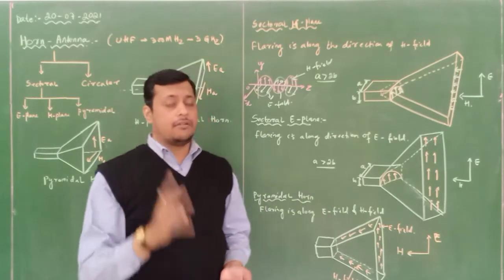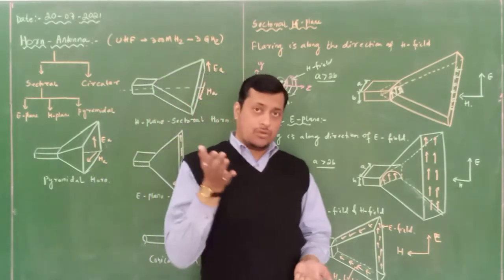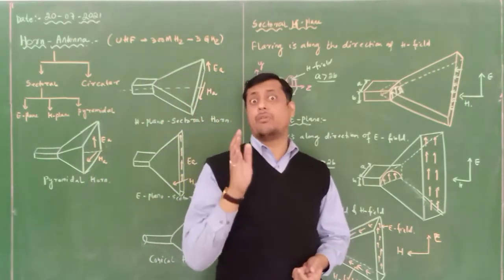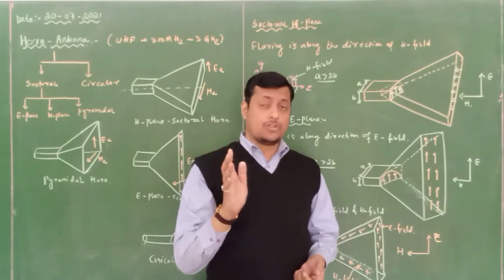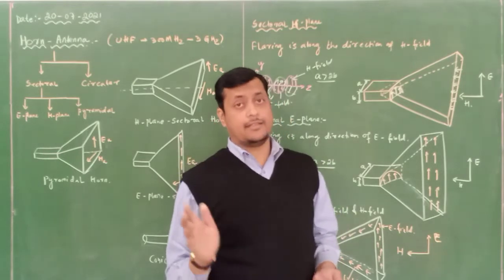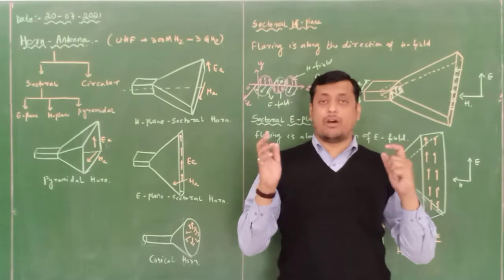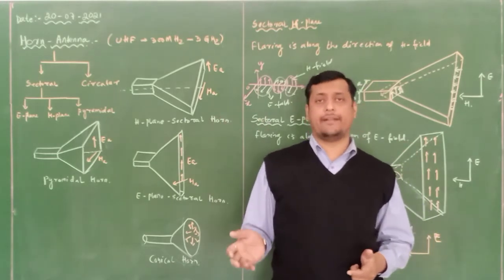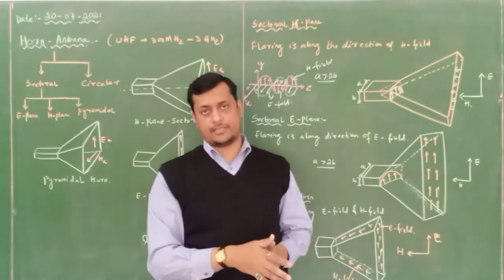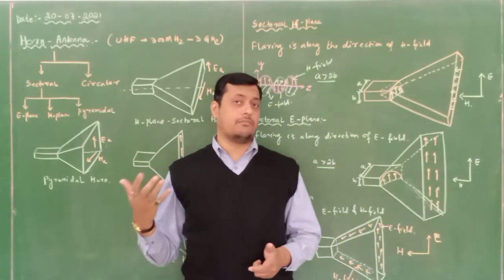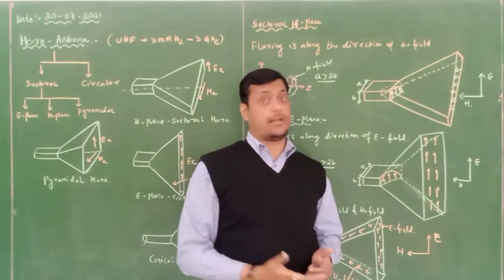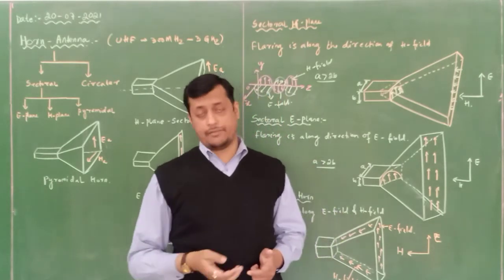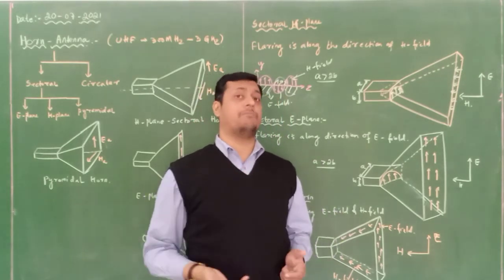In order to deliver the maximum information at the lowest cutoff frequency, we go for the dominant mode. So if it is a dominant mode, that means in that particular mode with the lowest cutoff frequency we can deliver the information. As we know that these rectangular waveguides act as a high pass filter, that also I have discussed in the previous class. How will it act as a high pass filter?